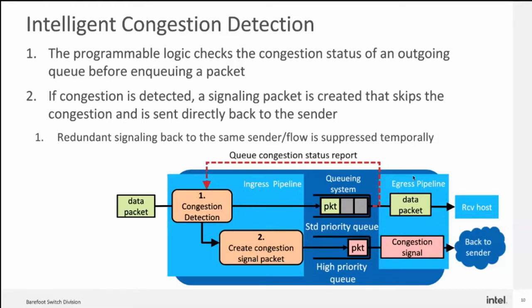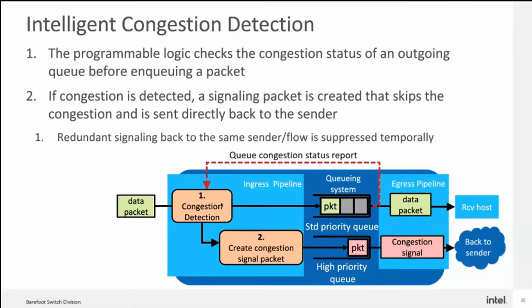And in this case, it's a Tofino 2 switch, and this means we have this neat feature where we get congestion status reports from the queuing system into the programmable ingress pipeline. And this means that we can detect the congestion early if we see the packet goes to a congested queue. We still, of course, enqueue the packet, even though it's congested, but it's still better than packet loss.